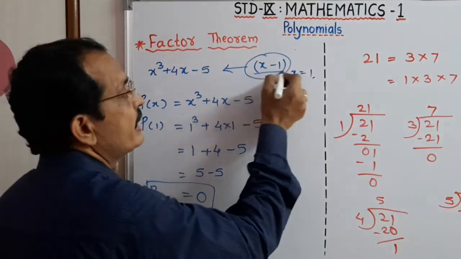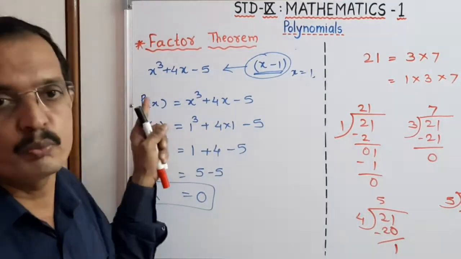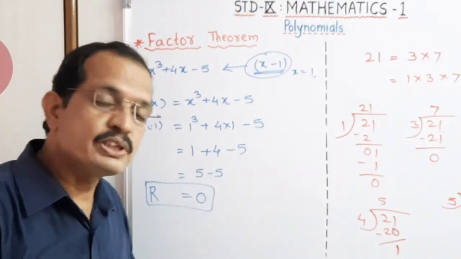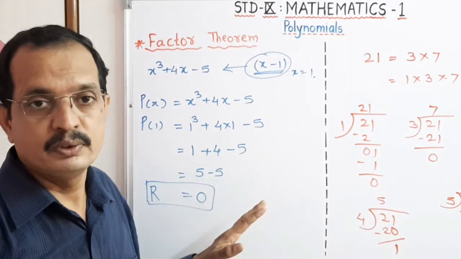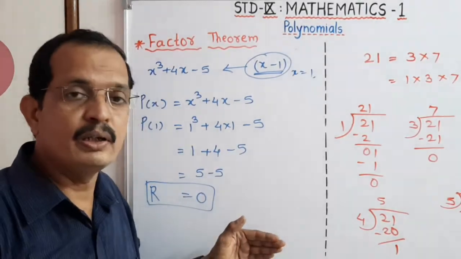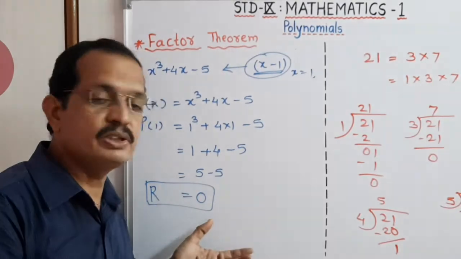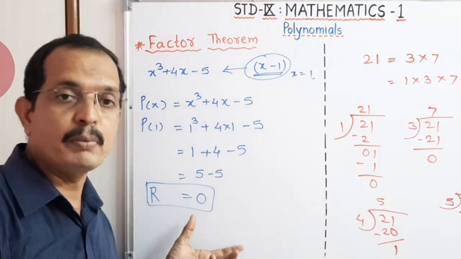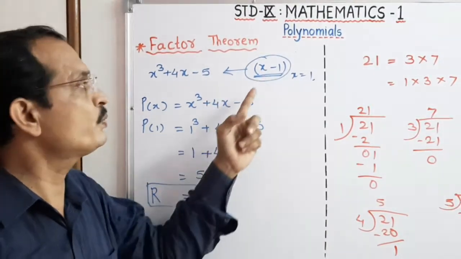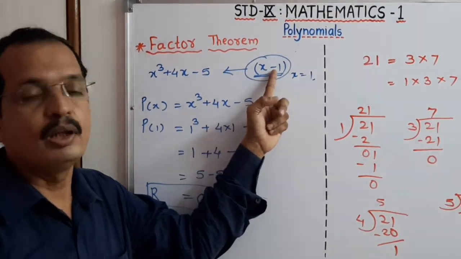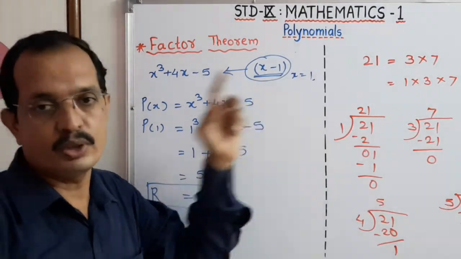If we have to decide whether x minus 1 is a factor of the given polynomial, we have to see whether after division the remainder remains 0 or not. But for finding out the remainder, there is no need to do the direct division. We can find it directly by using the remainder theorem. What we have to do? We have to find out the value of this polynomial for x is equal to 1.